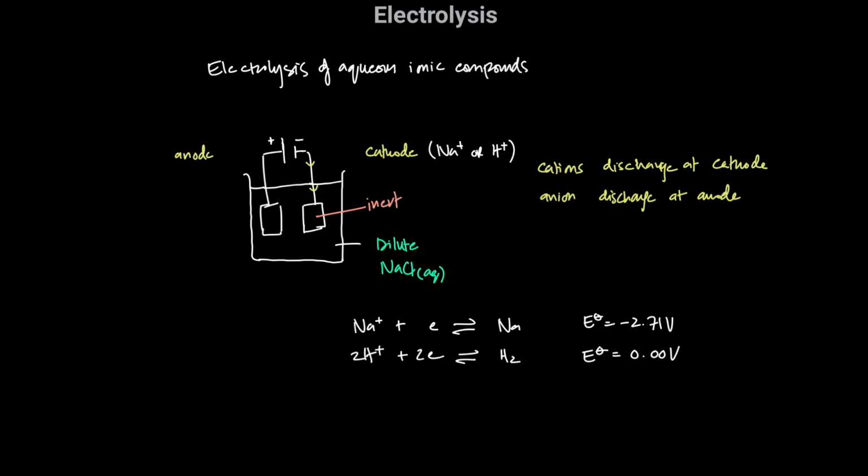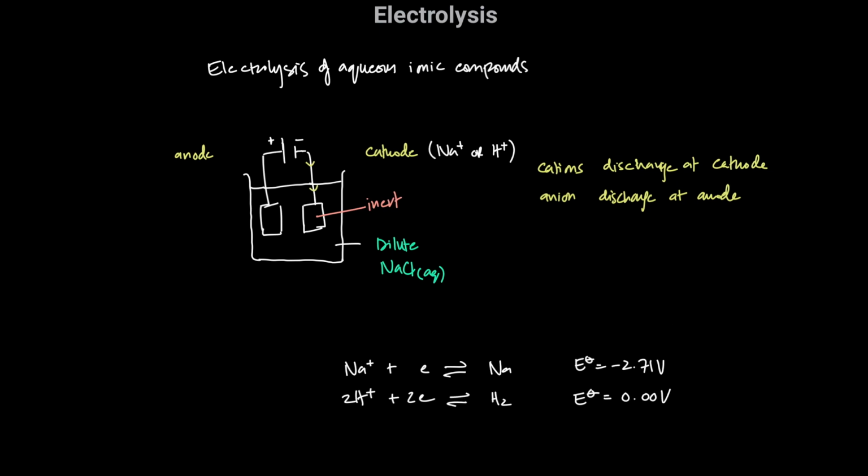So at the cathode we have to decide whether sodium metal forms or hydrogen gas forms. And we can clearly see that the reduction of Na plus ions is highly unfavorable. The standard reduction potential is negative 2.71, whereas for H plus ions it is 0.00.